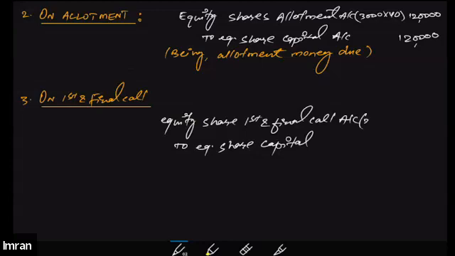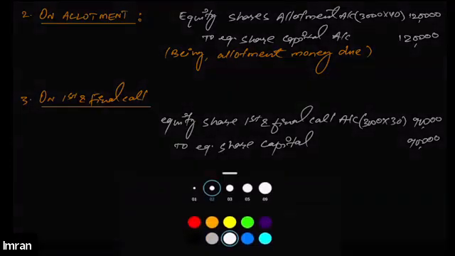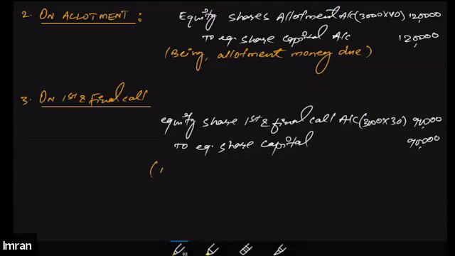And we will be receiving 3,000 into 30, which will be 90,000. And we'll write down the narration as being first and final call due.